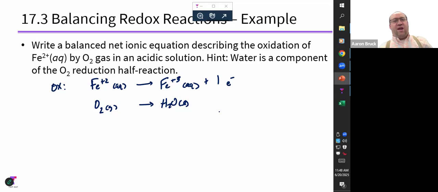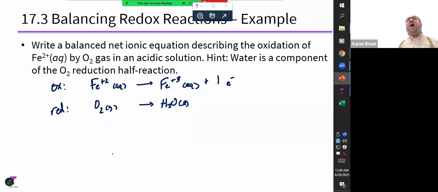Okay, so our oxidation half reaction is balanced. Let's look at our reduction half reaction. I have nothing other than hydrogen and oxygen here. So I start by balancing the oxygen. For that, I need 2 waters. Now I would go about balancing the hydrogen.